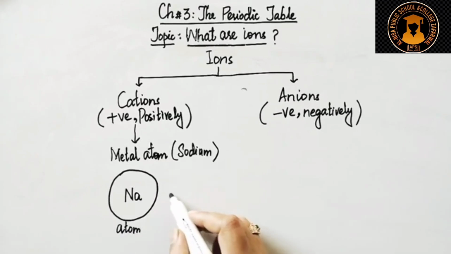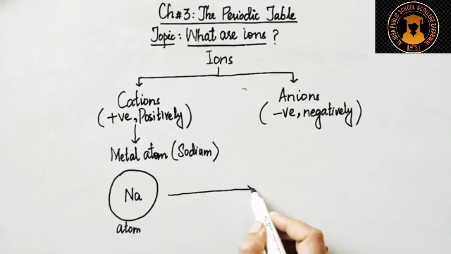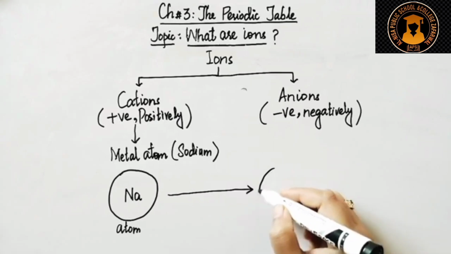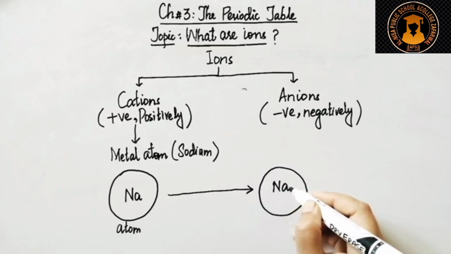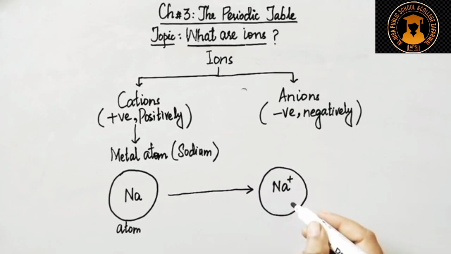But when it loses its electron, it becomes a sodium ion. Now in this form it acquires the positive charge on it, and now it is no more an atom. It will be called a sodium ion.